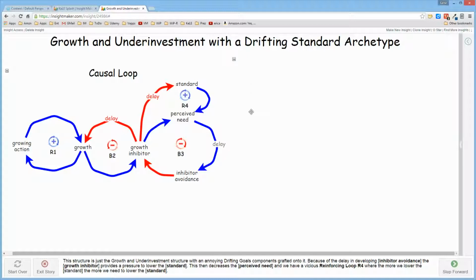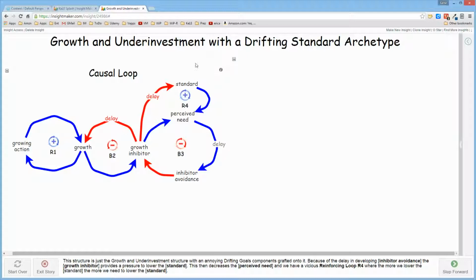And what makes it even worse is the way that it's grafted on. If you go from standard to perceived need to delay to inhibitor avoidance, back to growth inhibitor through the delay to standard, what you have here is a vicious reinforcing loop.